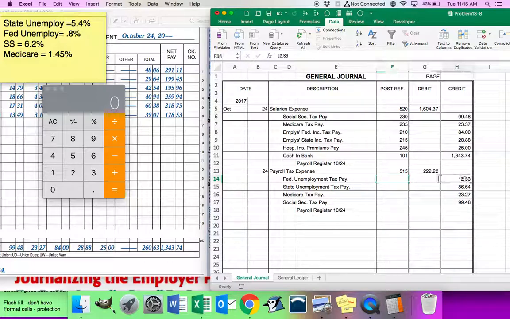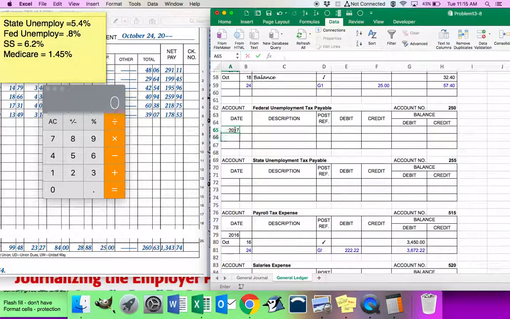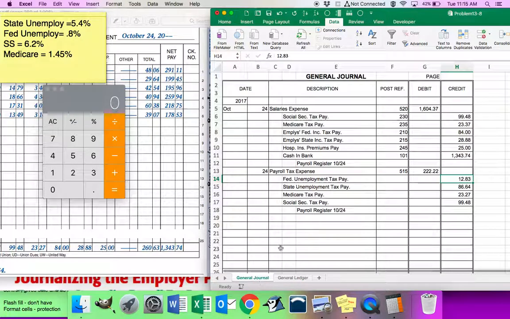And then we've got federal unemployment for $12.83. Since it's our first transaction, G1, and it's payable, we had a credit, and I copied the amount over so I didn't have to worry about it. Since there's no previous balance, we don't really have to add it to anything, we just carry it over, account 250.